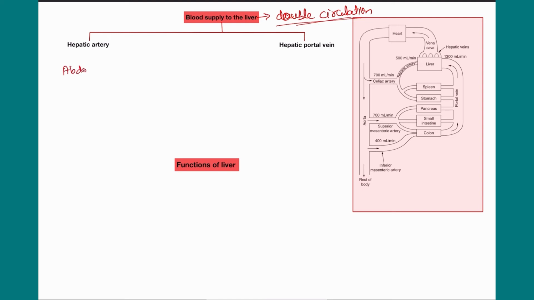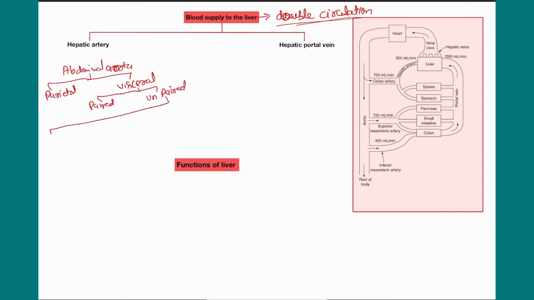The abdominal aorta gives two branches, parietal and visceral branches, and the visceral branches give paired and unpaired branches. I will not write all the arteries, only the hepatic artery.